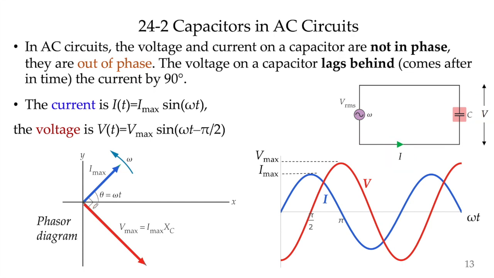So if this AC source is providing some current, the blue curve, the voltage on the capacitor doesn't increase and decrease just like the current. There is some lag. The voltage increases and decreases after the current does, so there is a phase difference between them.